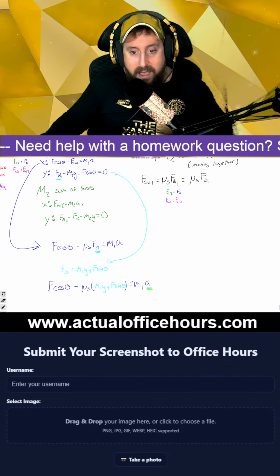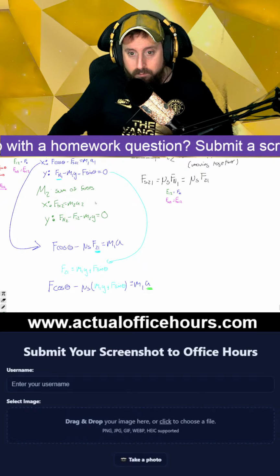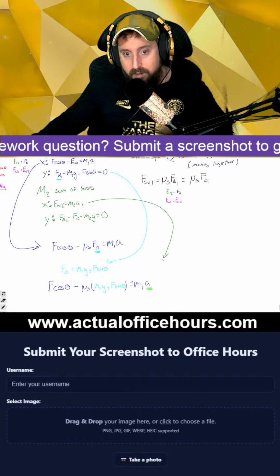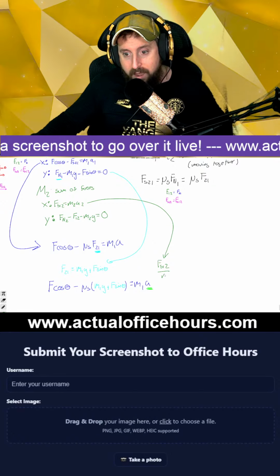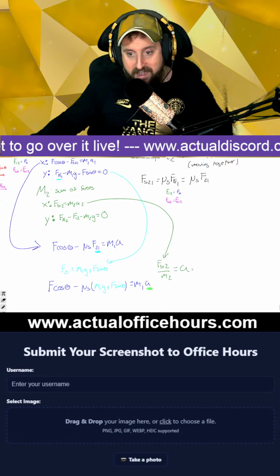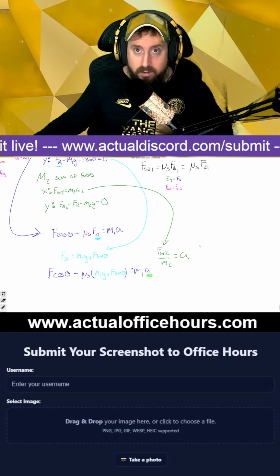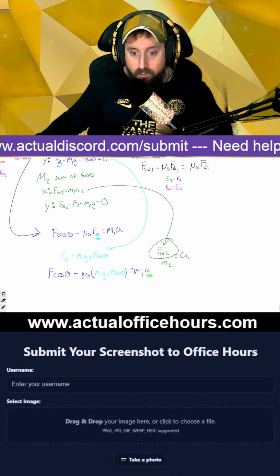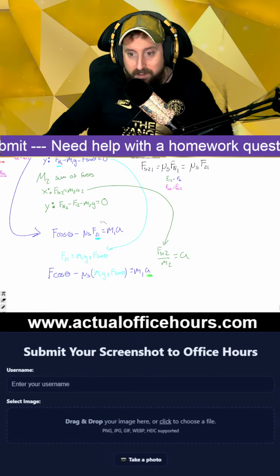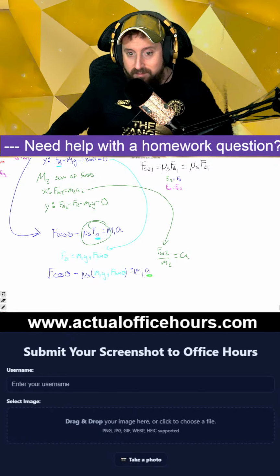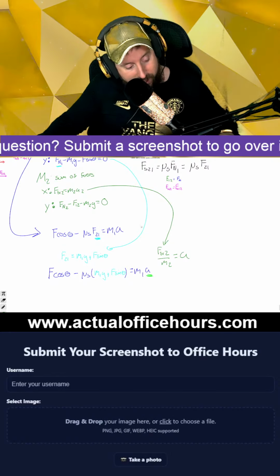Cool. Okay, so actually I can just use this. Look at this. This is very cool, right? So if we use this, I know that Fs12 over M2 is equal to A, right? But Fs12 is the same thing as Fs21. It would be a third Newton pair. Exactly, Phoenix.